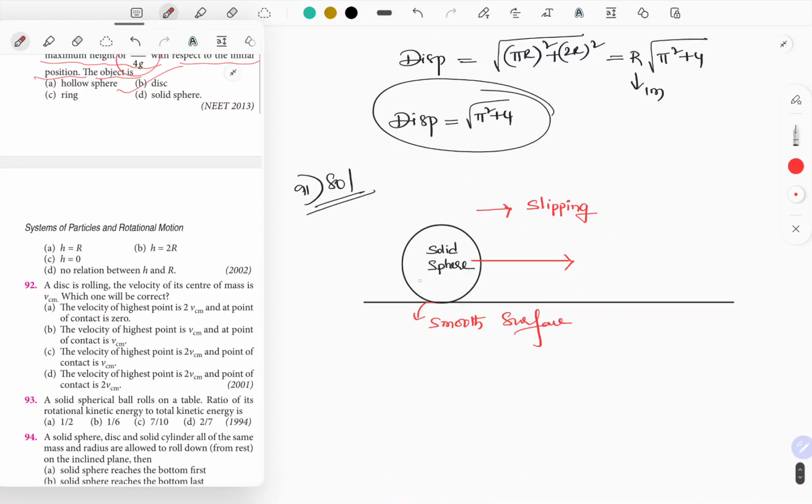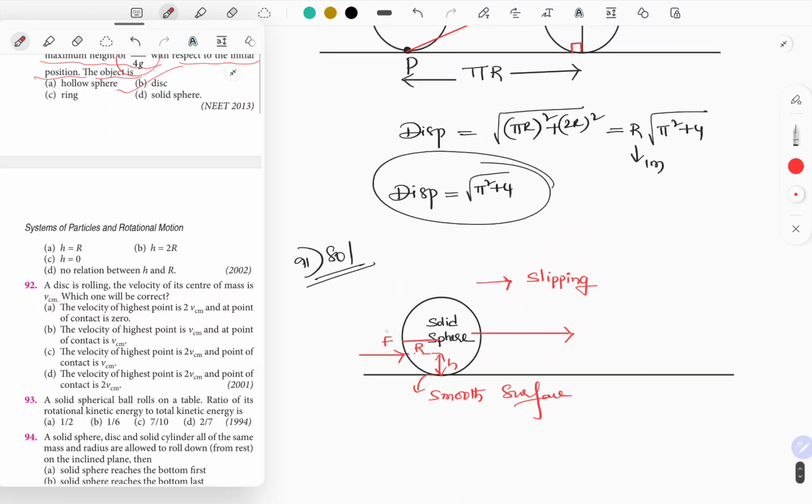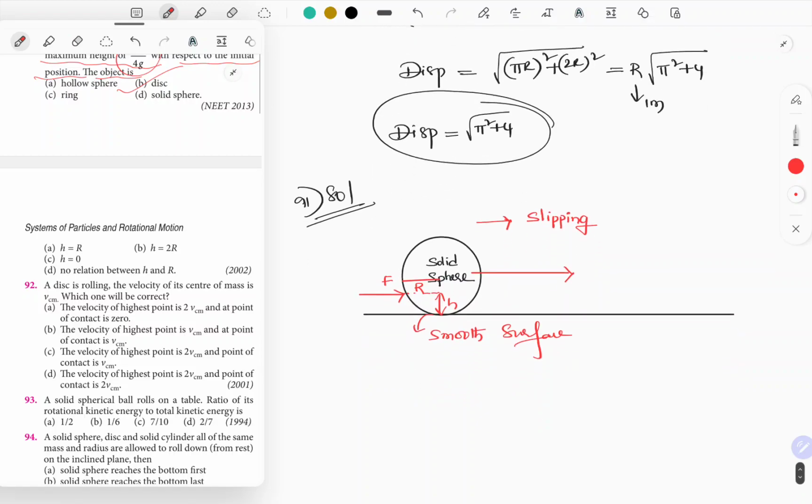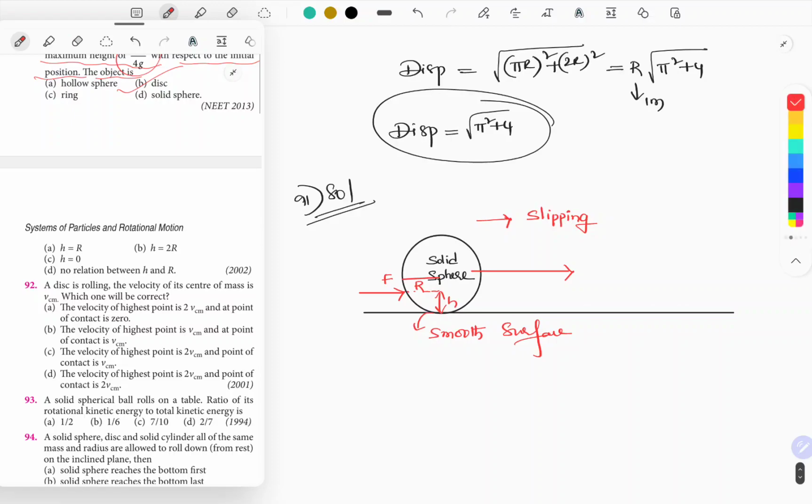Okay, so they are saying at a height h this force is applied. Then what is the relation between the radius of this sphere and the height h at which this force is applied? As this is a smooth surface, there is no frictional force, there is no rotational motion. As there is no rotational motion, wherever you apply this force, the object will move with the maximum acceleration on the horizontal surface.